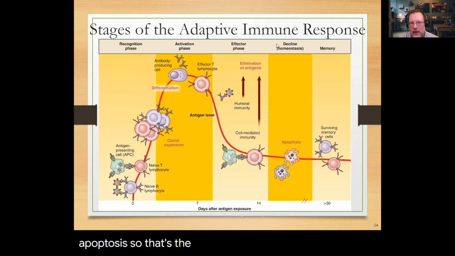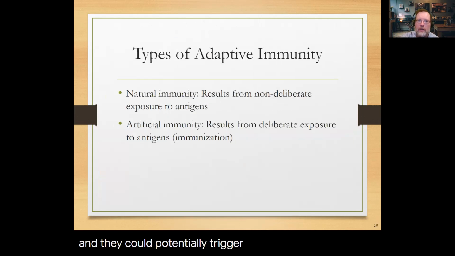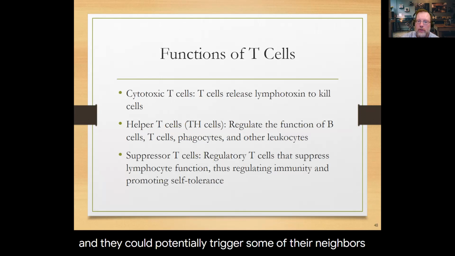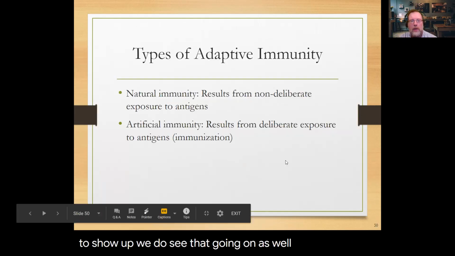So that's the decline of being infected. And so we're going back to homeostasis. And now we've got the surviving members of the Bs and Ts, and those are going to be the memory cells. Okay, so they're going to go back and they could potentially trigger some of their neighbors to show up. We do see that going on as well.